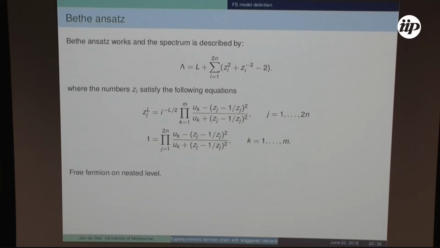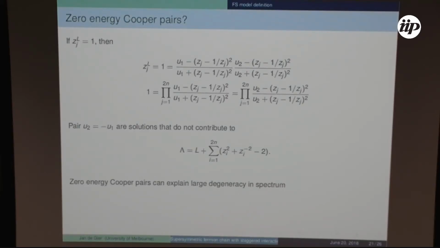Okay, so now that we have the spectrum in terms of the Bethe ansatz, we might be able to explain this large degeneracy that we found numerically. And indeed, you can check that if you have a pair of u values that are each other's negative, so if u2 is negative u1, then there is a solution where z to the L is equal to 1.